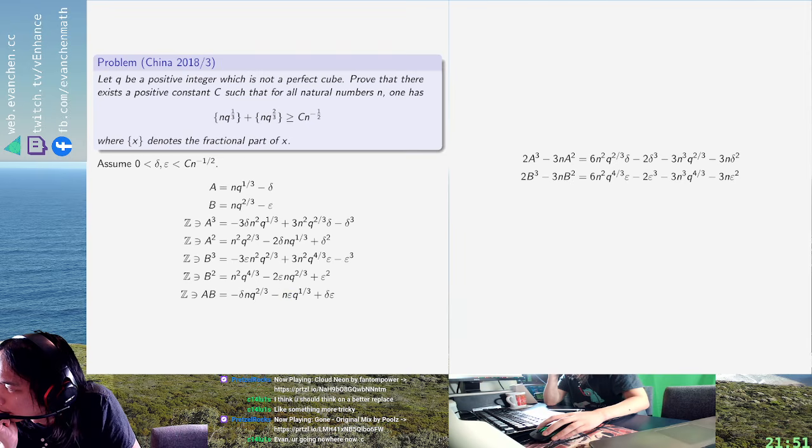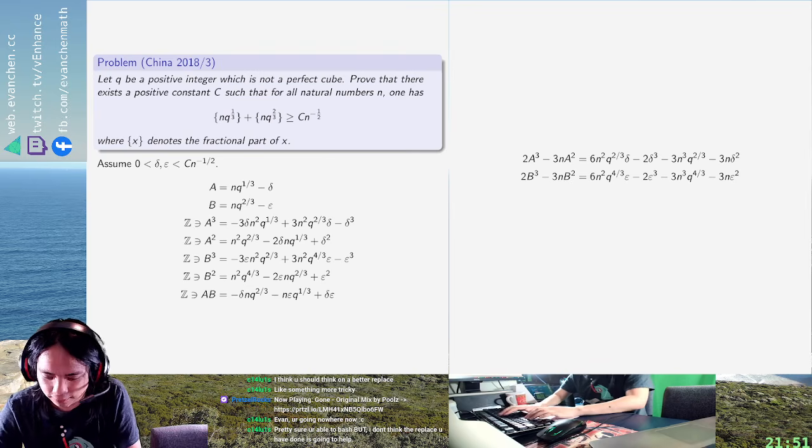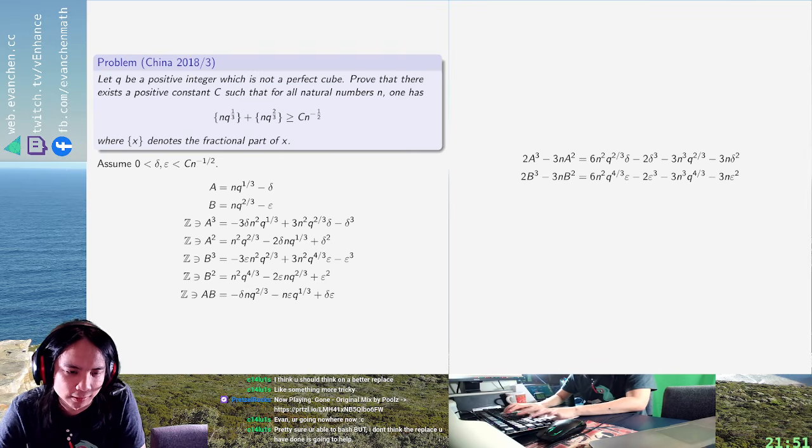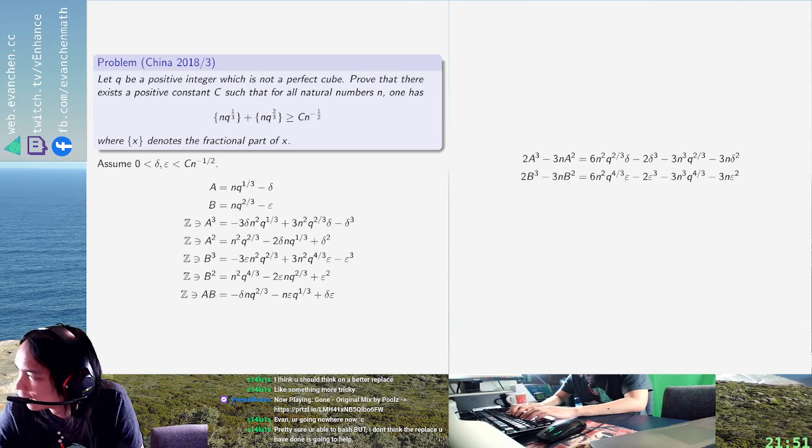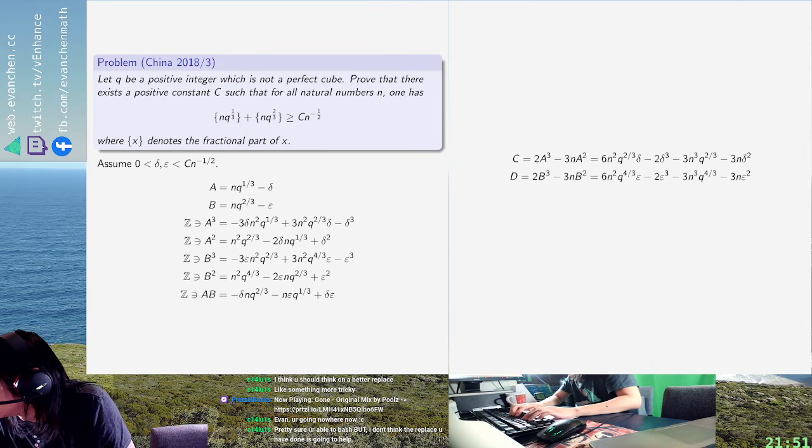So if I multiply this by q. Alright, we're gonna give these names now. This guy can be called C, and the other guy can be called D. So if I take... Oh, I have no idea what's going on.